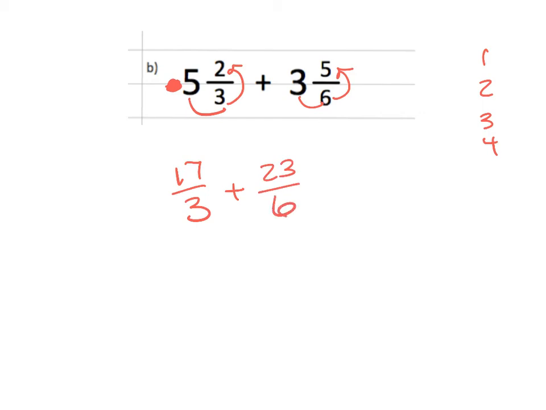Now I'm going to put that negative back in front of the 17. I don't use it to change it into an improper fraction, but I do put it back on.